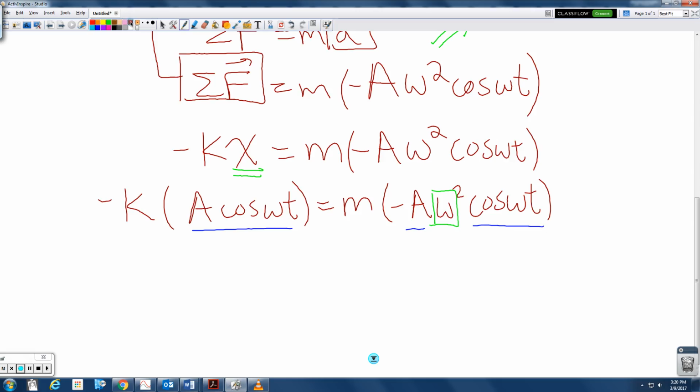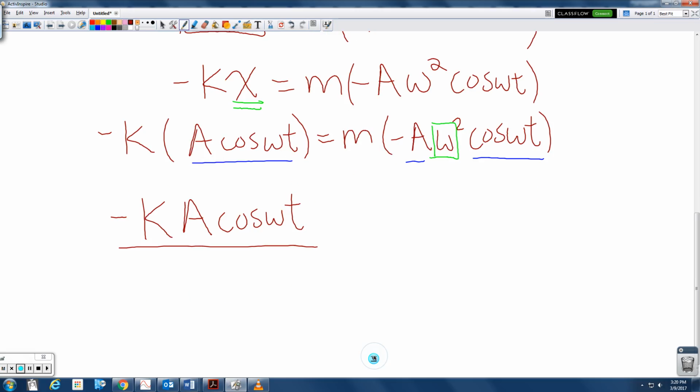So if I solve for omega squared, I have minus k a cosine omega t divided by minus m a cosine omega t. What am I left with? Omega squared on the other side.